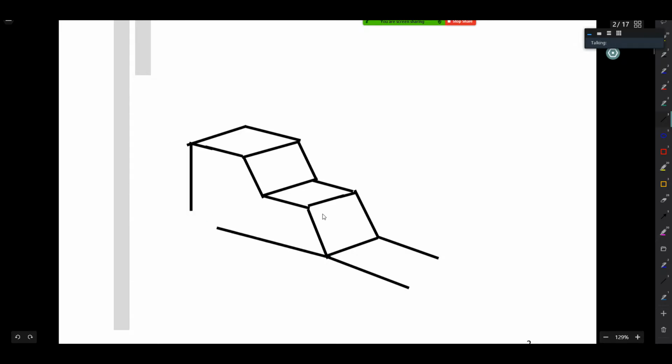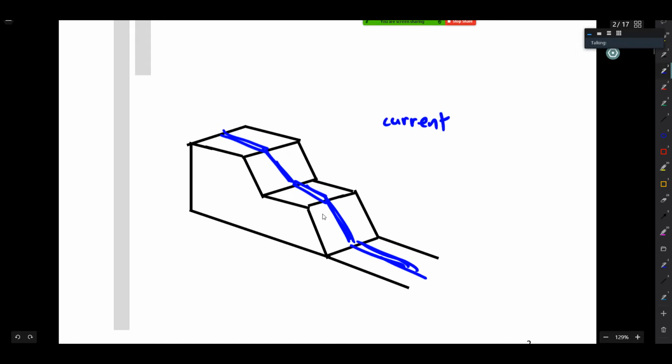Just need to draw something like this. Then we are able to illustrate current over here. Current will just be the water flow, determined by the water flow. And then we need an assumption: that the water speed remains constant throughout.